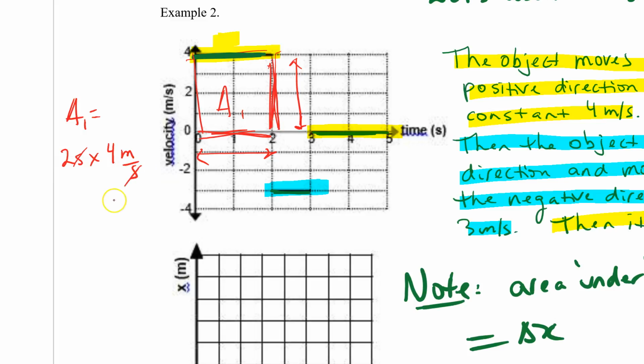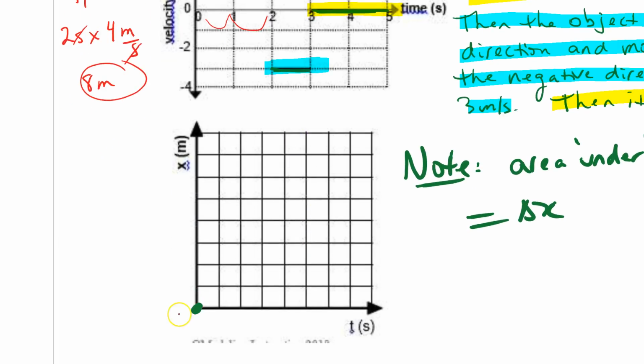My seconds cancel out and I get 8 meters. Just to look at it again, 4 meters per second is another way of saying it'll move 4 meters every second. And if it does this for 2 seconds, it makes sense that it's going to go 8 meters. So if it starts from 0, it's going to end up going 8 meters.